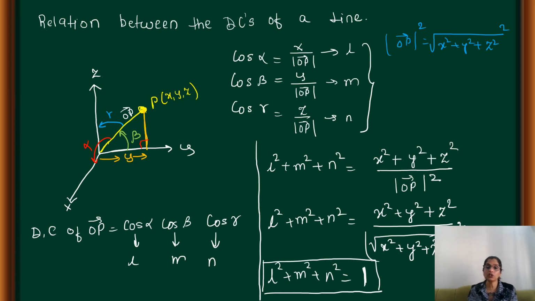Now let's see what happens to the direction cosines of a line passing through 2 points. We'll learn everything about the direction cosines gradually, and then we'll also see what happens to direction ratios, and then we will do a couple of sums. I think we should be equipped to solve the sums after we have all the information, correct?